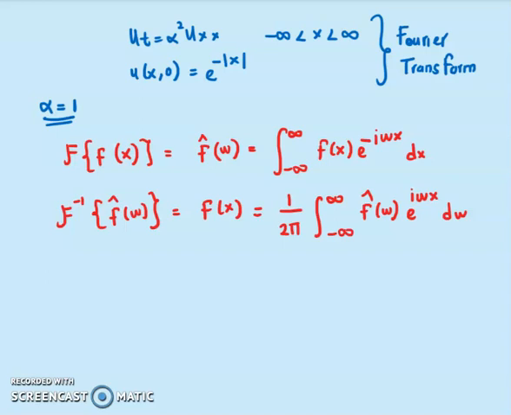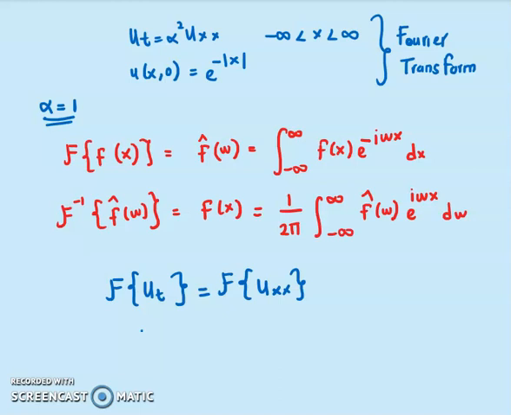So we want to take the Fourier transform of u_t equals, now my alpha squared, alpha is only 1, so I have the Fourier transform of u_xx. Now one thing about the Fourier transform, the transform is applied with respect to x, not t. So in this case, all we have is the change from u to u hat.